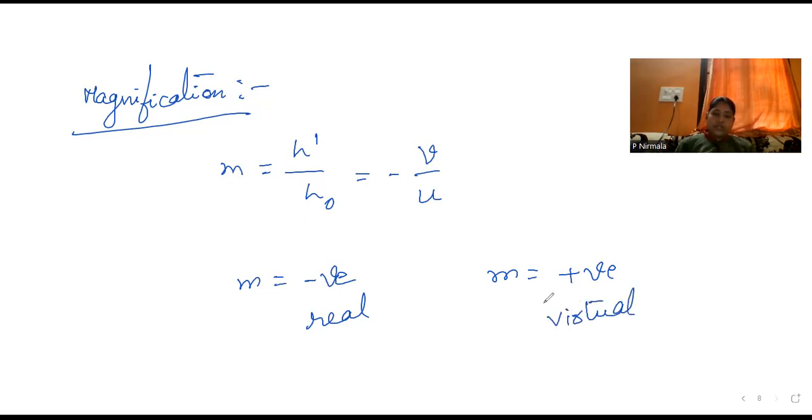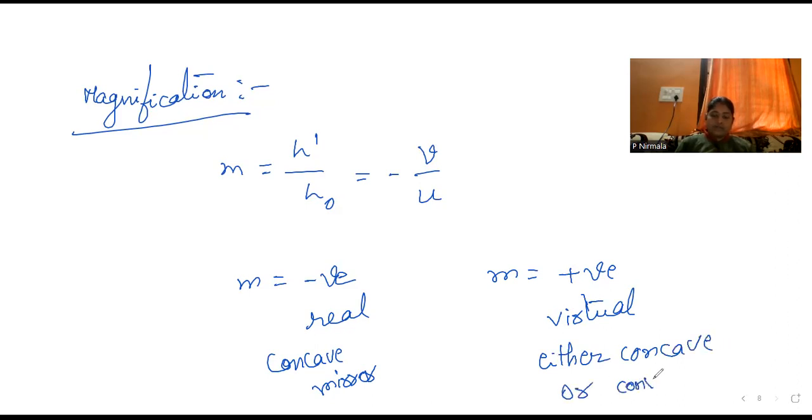So negative means you can clearly confirm this is a concave mirror. Positive means we can't tell whether it is concave or convex mirror.